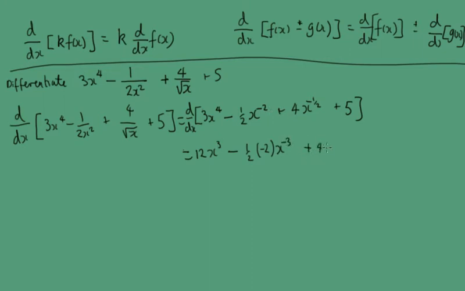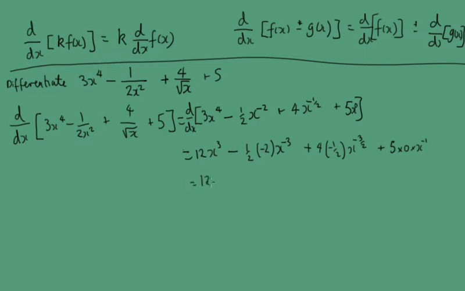Plus 4 times a half, x to the minus a half minus 1, which is going to be minus 3 over 2. Plus 5, that's like saying x to 0 here. 5 times 0 times x to minus 1, which is going to end up being 0.